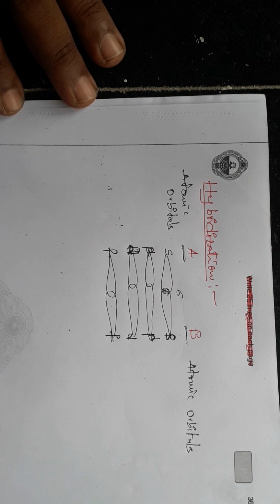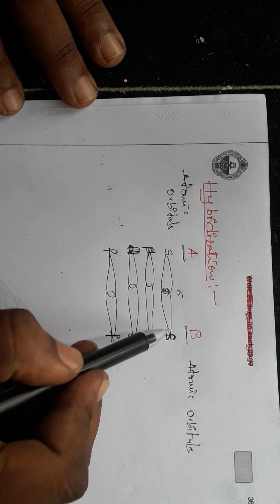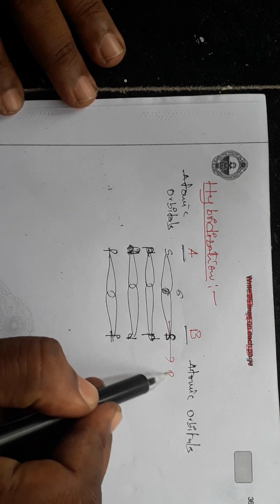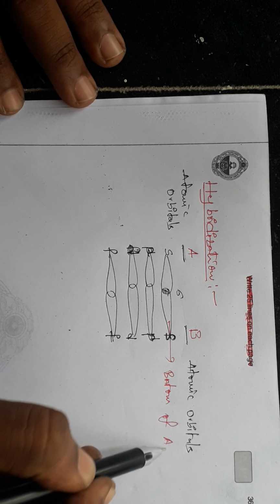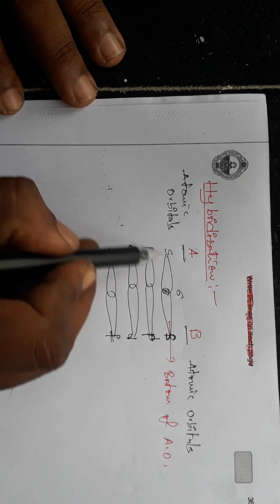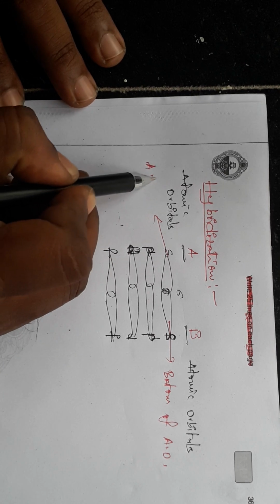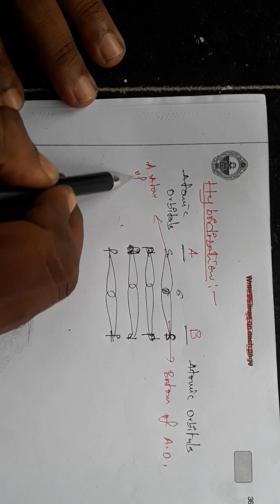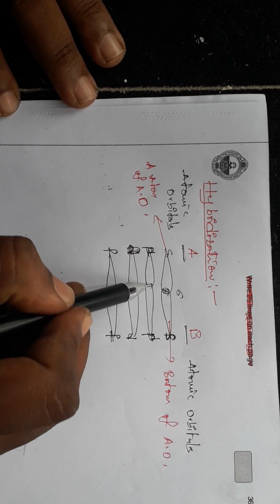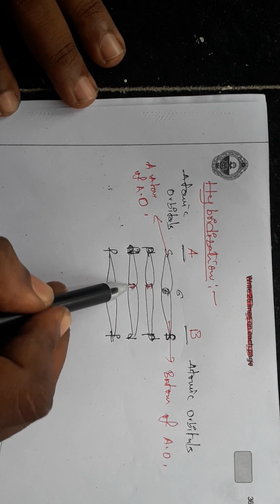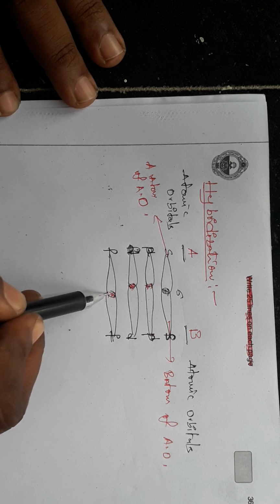So these are all atomic orbitals. This is the atomic orbital of B atom, and this is the atomic orbital of A atom. Both are intermixed like this and produce sigma bonds between the two atoms.